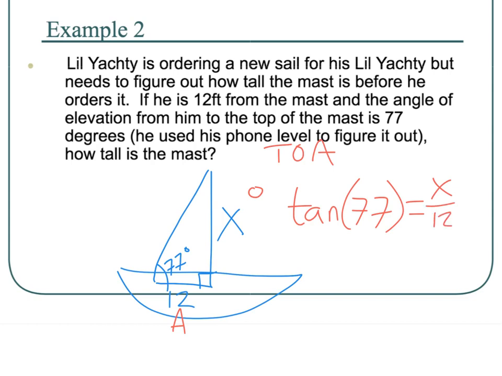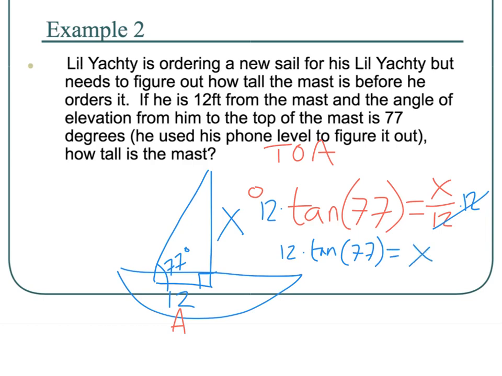So how do I solve this algebraically? Well, I can get rid of the 12 by multiplying by 12 on both sides. So that's gone, and I'm left with 12 times the tangent of 77 equals x.